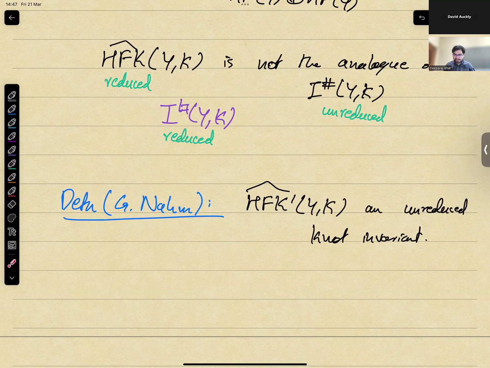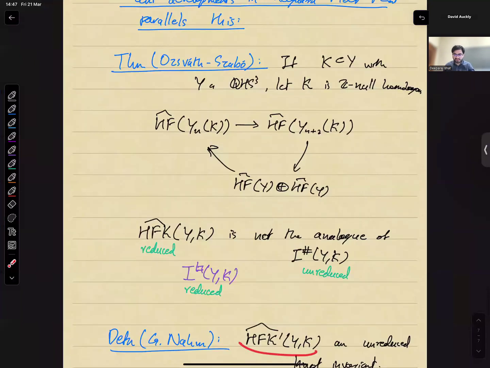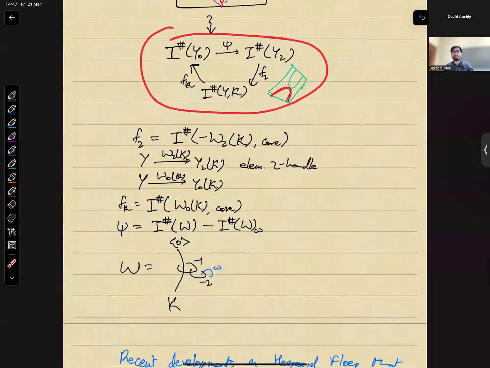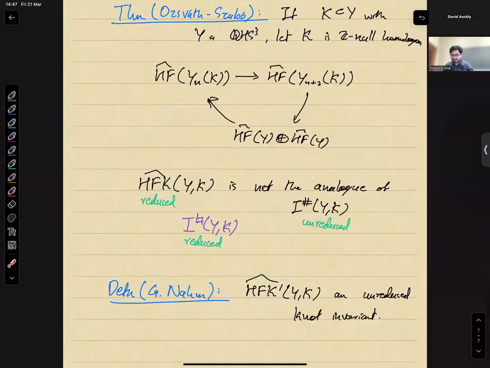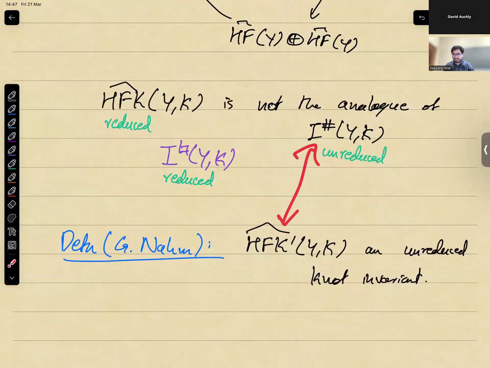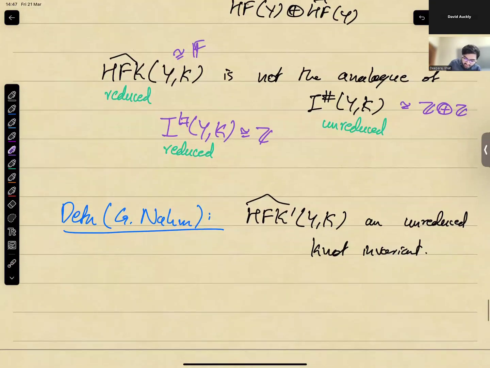And with this definition, he's been able to show that an analog of my triangle, like this triangle, also holds in Heegaard-Floer theory. I don't know too much about this definition, but basically these both agree for, say, the unknot. For the unknot, I just want to point out this is isomorphic to Z, this is isomorphic to Z direct sum Z, and this is isomorphic to F, where F is Z mod 2.